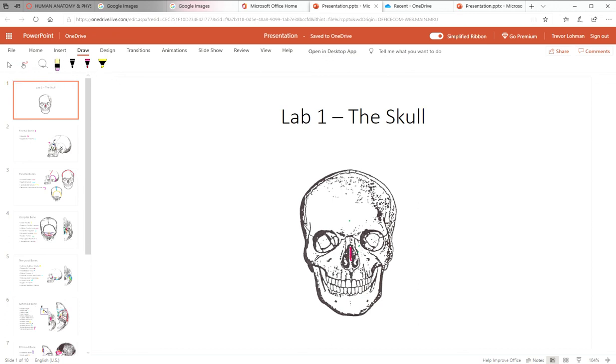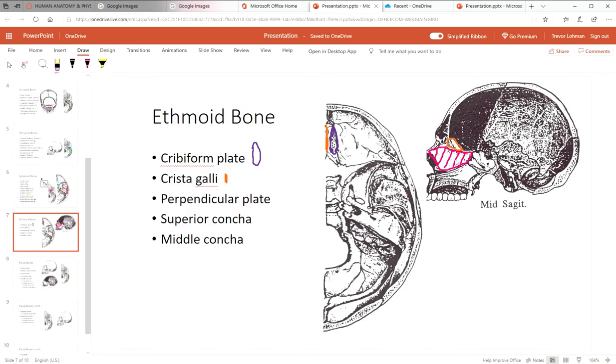But from what you can see right there, that's the perpendicular plate. There it is. And again, this is one of the facial bones, so you don't need to label it here, but just so you can see that, this right here is called the vomer bone. Okay, so perpendicular plate is done.